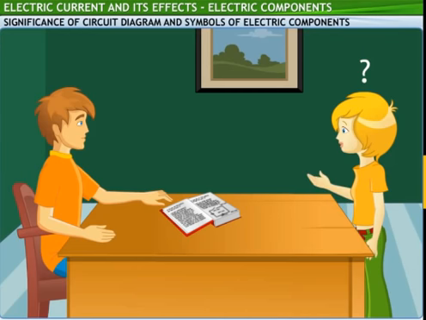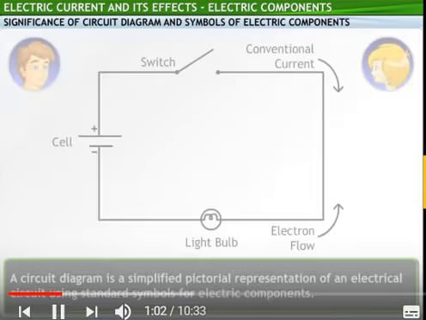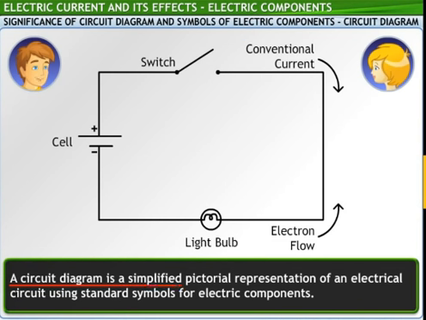So how does the diagram help you? The circuit diagram is a simplified pictorial representation of an electric circuit using standard symbols of electric components. It helps me in placing the components and connecting them in the right way to form a circuit. I think you know what an electric circuit is, right?